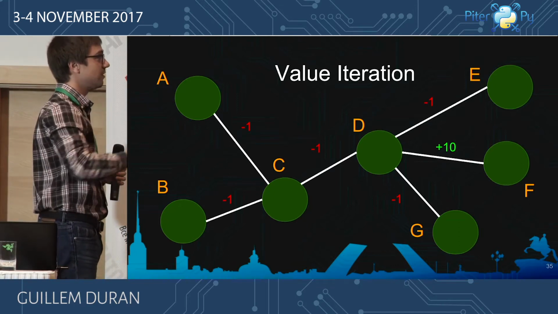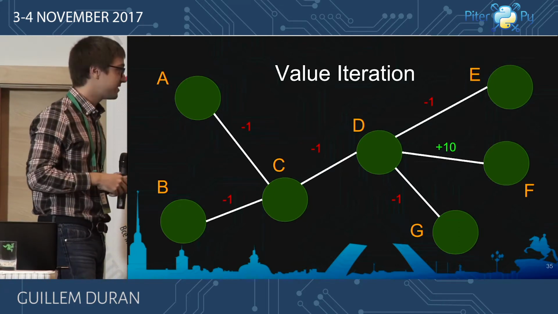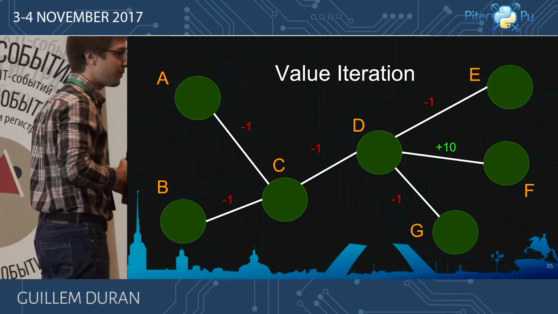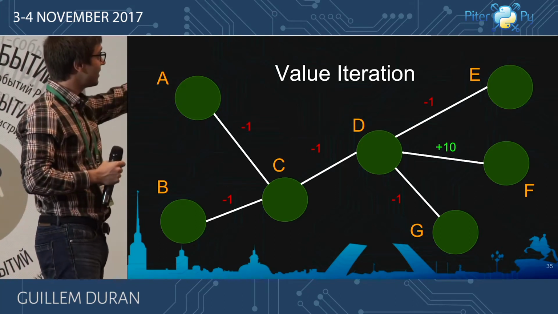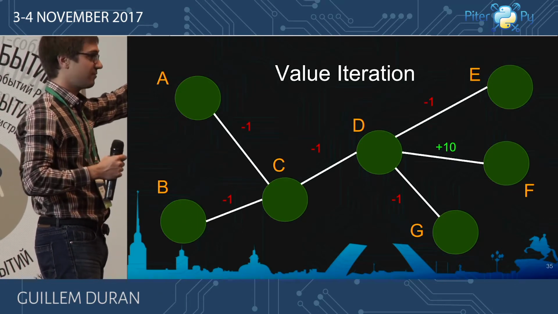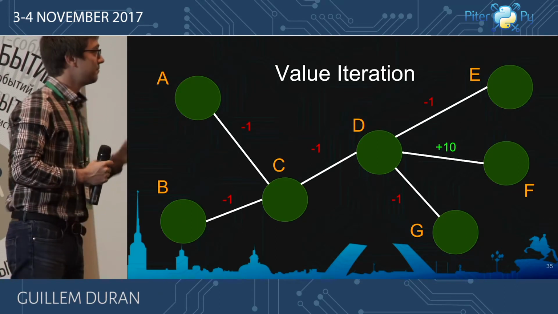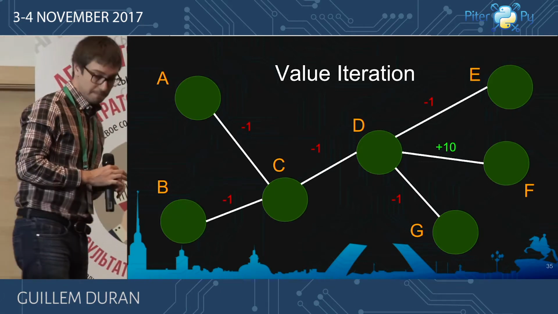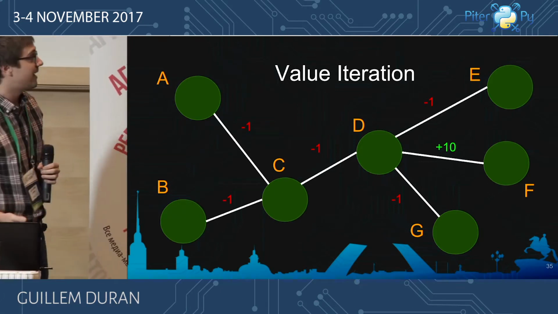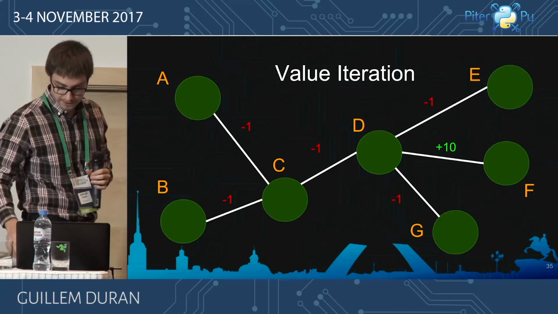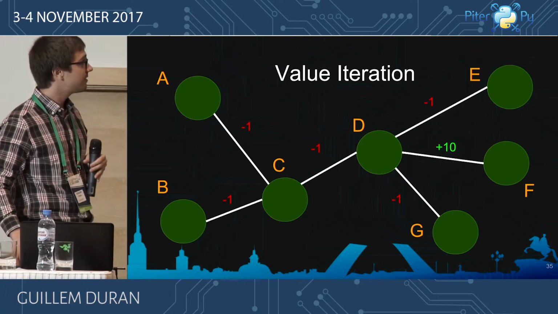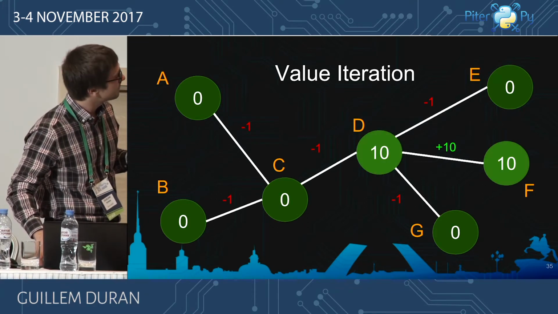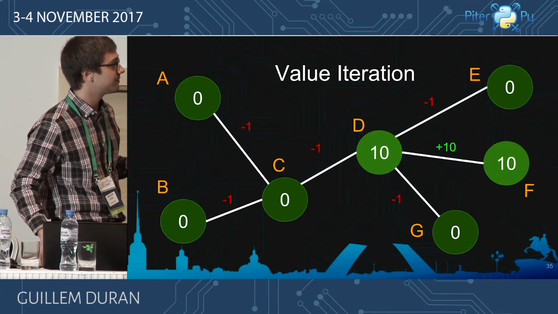We start with all the nodes and value functions at 0, and we can see here, for example, like in the video game environment, that we have a lot of crappy decisions, we get crappy rewards, but 1, which gives us 10 points from D to F. How do we build our value function from this? Okay, we start iterating. First iteration.